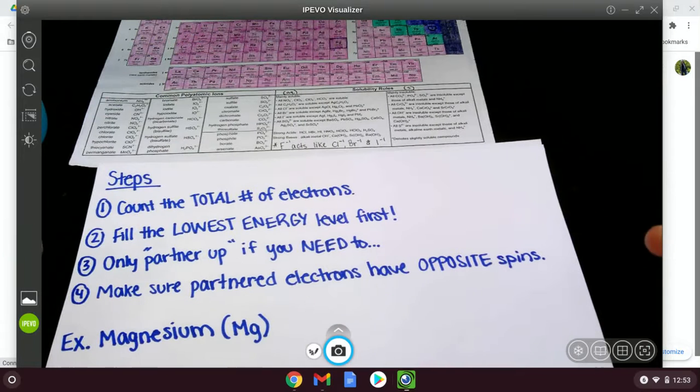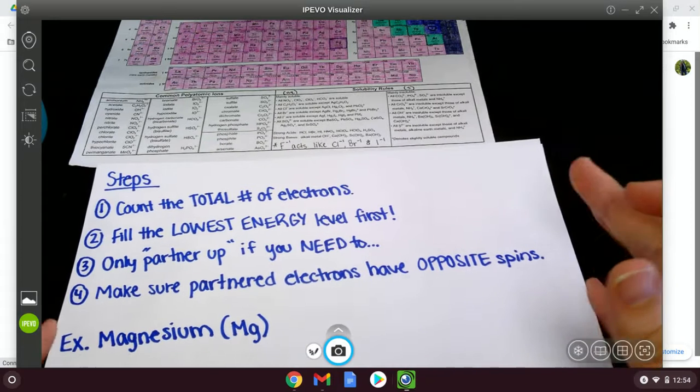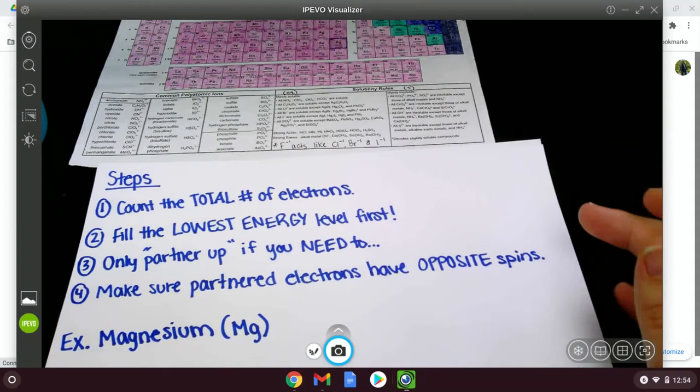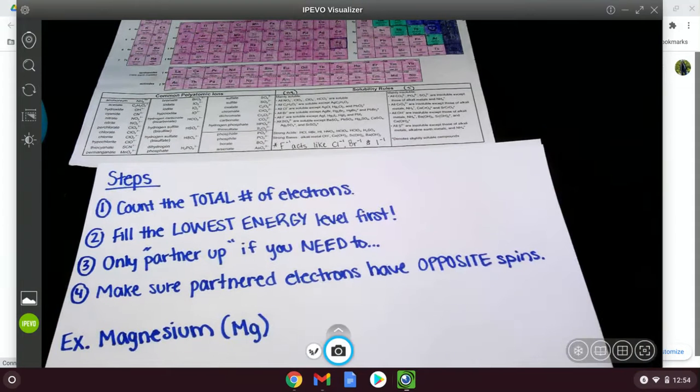Okay, so after we do that, we're going to fill the lowest energy level first. Always start with 1s. Then we're only going to partner up our electrons if we need to. You will need to, but sometimes you won't. Okay, and then make sure that your partnered electrons have opposite spins. And that's really important for your orbital filling diagrams when you're actually drawing the arrows.